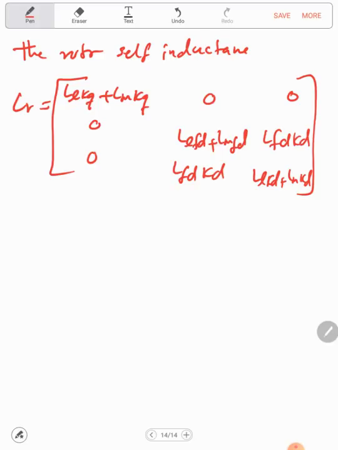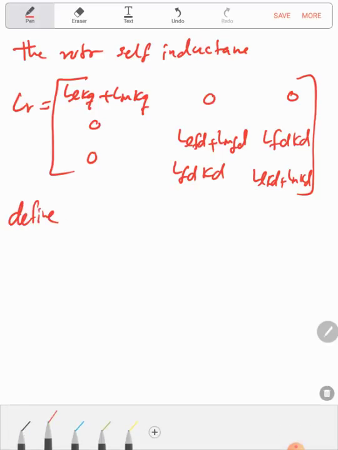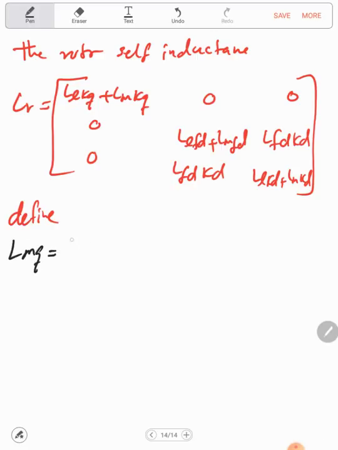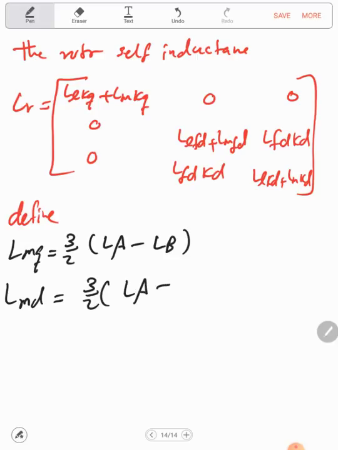Now, if we define the following magnetizing inductances, here we can define LMQ equal to 3 over 2 (LA minus LB), and LMD equal to 3 over 2 (LA plus LB).